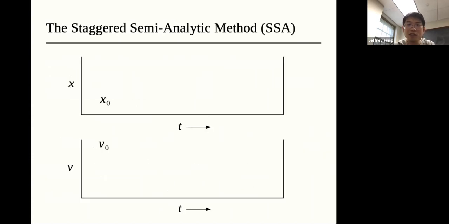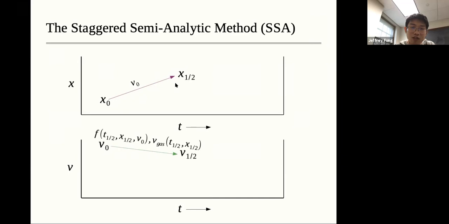The staggered semi-analytic method looks like this. We start with a position x0 and a speed v0 at the beginning of the step. We push forward the position using this initial speed, and then take this position, still using the speed from the beginning.